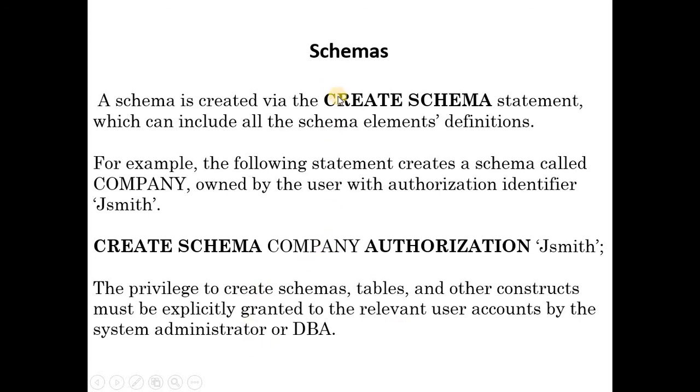A schema is created via the create schema statement, which can include all the schema elements definition. For example, the following statement creates a schema called company owned by a user with authorization identifier JSmith. To do that, use the statement create schema, the schema name, that is company, and authorization and the name of the person who owns it, JSmith, here in this case.